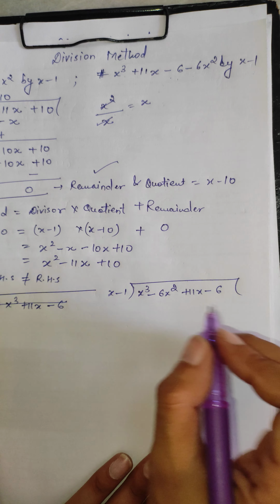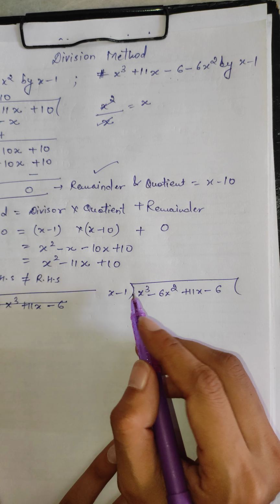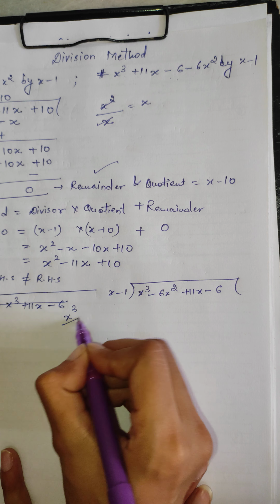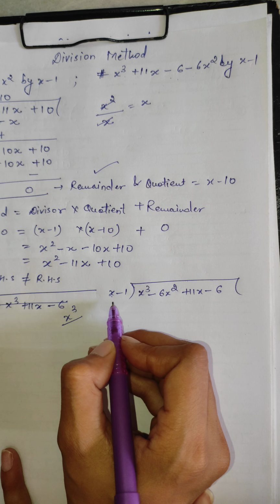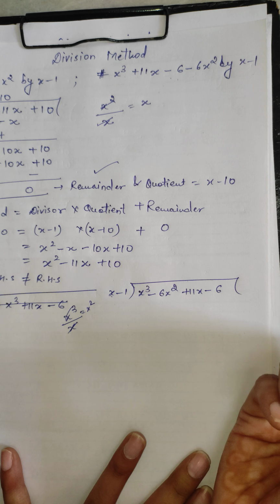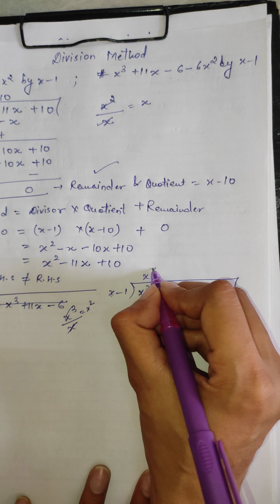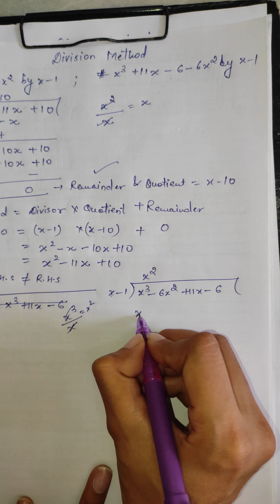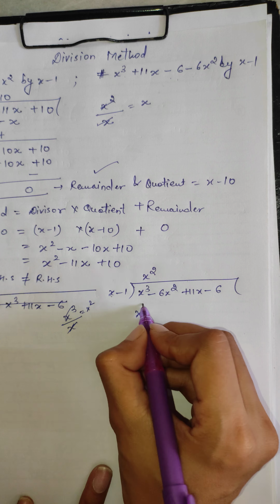Now here we will divide. To know the first term, we need to see x cube divided by the first term of the divisor, x, we will get x square. That means we need to multiply by x square so that we get x cube. x square multiplied by x becomes x cube.